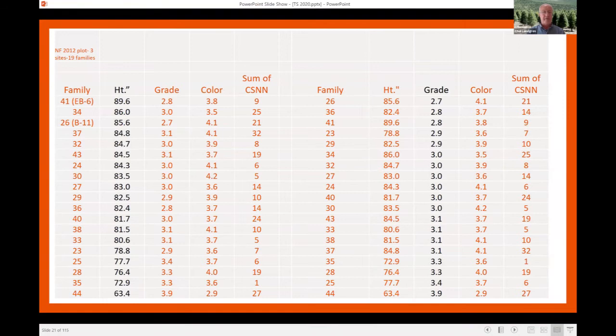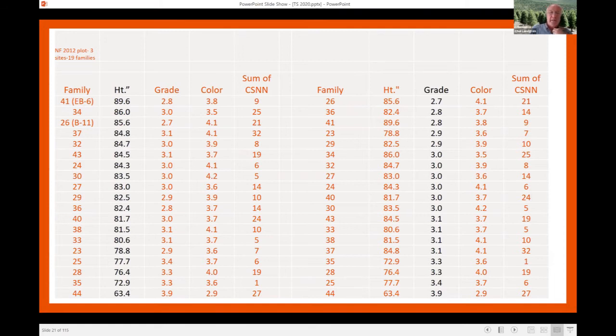Grade is the lower the number, the better the grade. So we gave a premium tree a number 1, we gave a 2 just for evaluation. Color, the higher the number, the darker blue-green the color. CSNN is just an abbreviation for summing the damage that we were finding on the trees from current season needle necrosis.